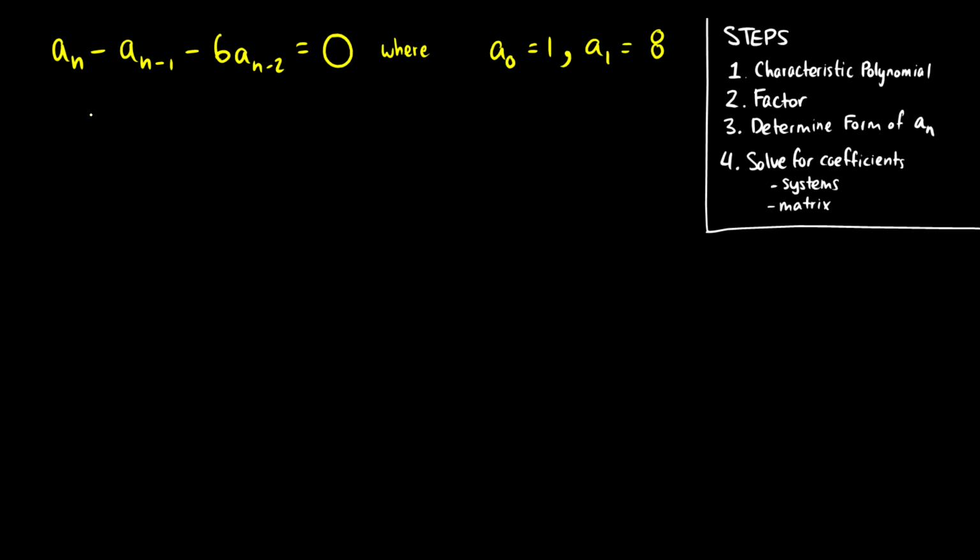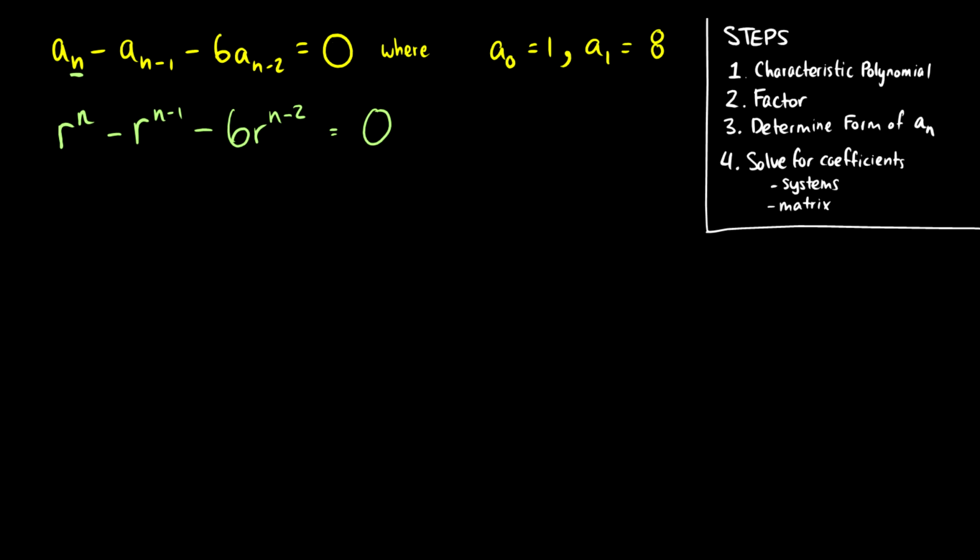I should do this r^n to be consistent with the other examples, and this is consistent with the highest power here. So we have r^n, and we subtract r^{n-1}, and we subtract 6r^{n-2}, and this is going to be equal to 0.